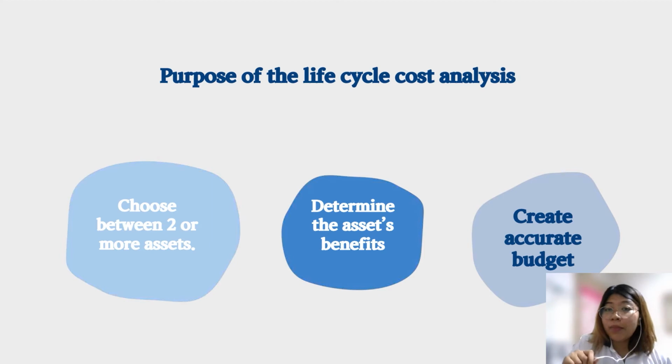With the help of this method, it helps us to decide which product is worth the price. Next is to determine the asset's benefits. Using the calculation of the expenses we have, we can see the estimated cost of the asset that we choose. And lastly is to create an accurate budget. Since we already have the breakdown, that's the time we can have the accurate budget of the product.